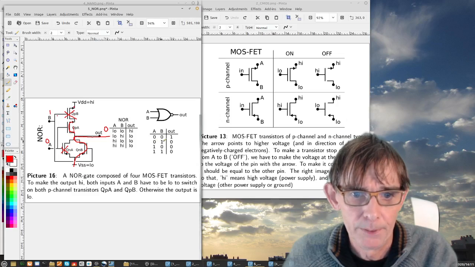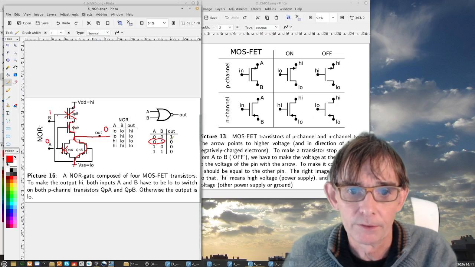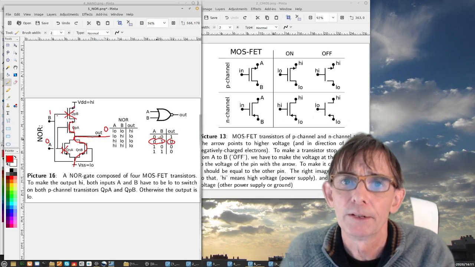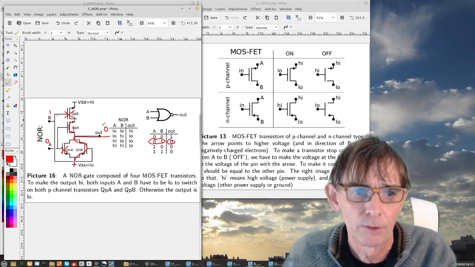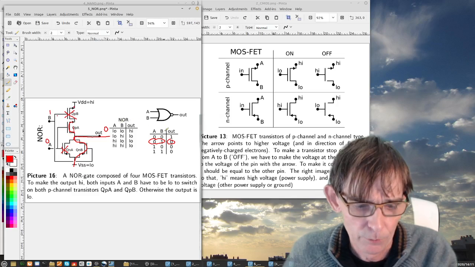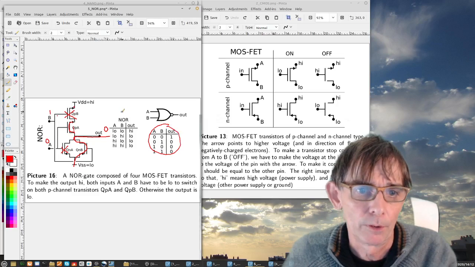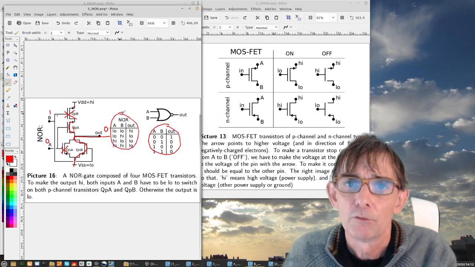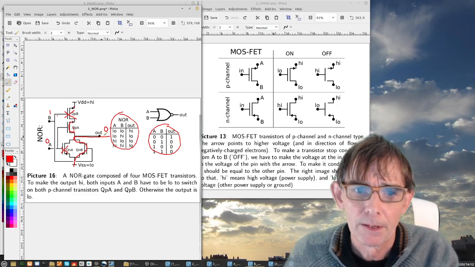B equals 1, A equals 0, we get 0 at the output. And the other combinations you can check for yourself if you want. Just rewind the video, pause the video, and make this analysis yourself. You will find that we have this truth table, or in physics we have this voltage table, and that implements of course the NOR gate.